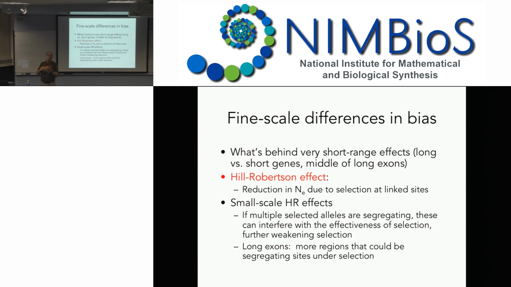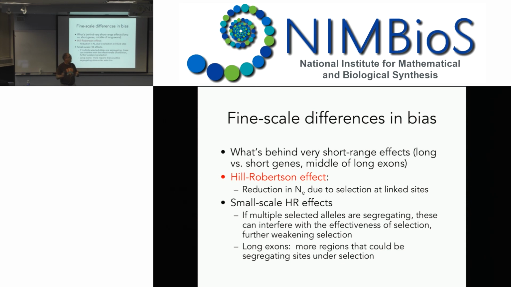And that leads back to this cryptic statement I made early on, that one of the reasons we see so much neutral evolution might be because we have so much selection going on. If there's lots of selection going on, it means a higher fraction of the mutations that appear are going to be near a linked site. Therefore, the effective selection coefficient will be less, and therefore they're likely to be more neutral.